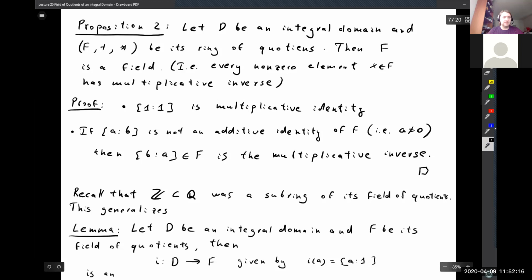Or in other words, the original integral domain D is isomorphic as a ring to a subring of F.